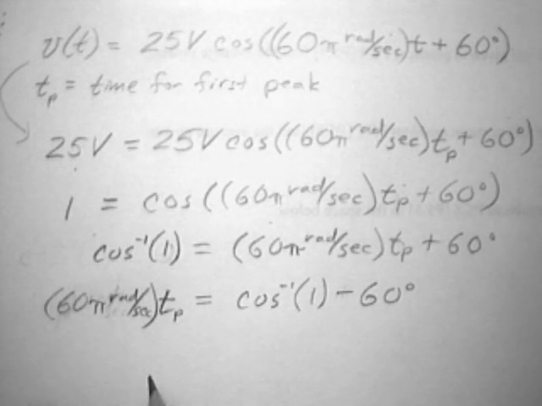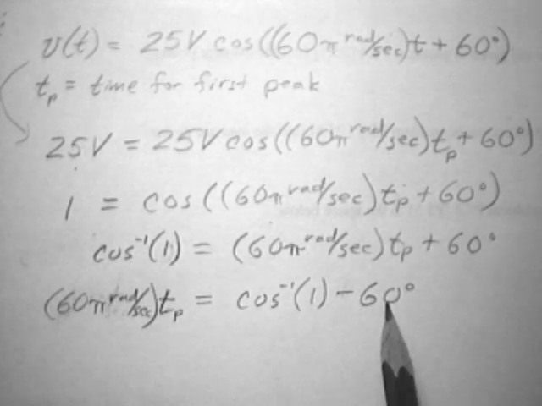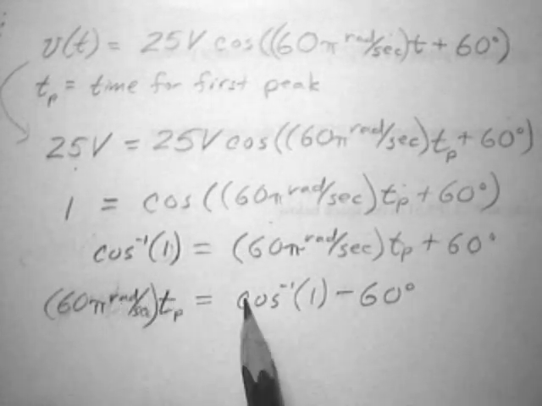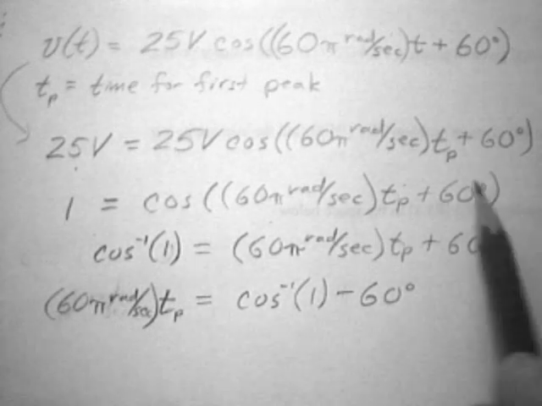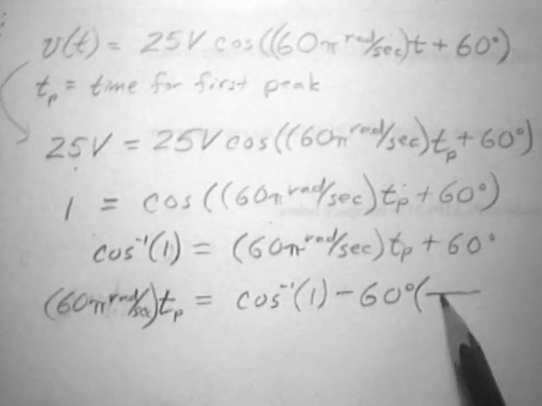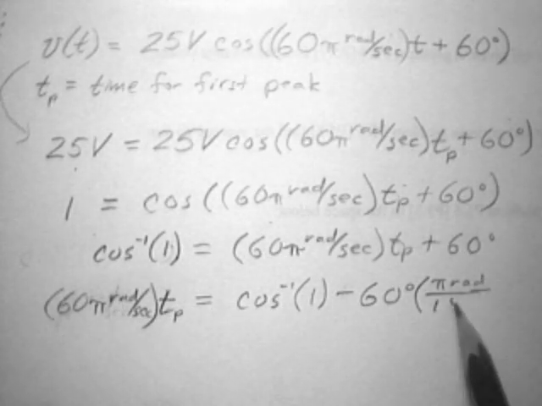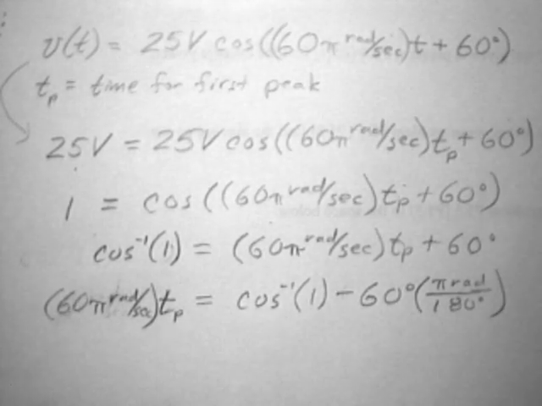Now what we need to do is express this number here in radians so that we can get an answer in seconds. So what we're going to do is say that pi radians is equal to 180 degrees.